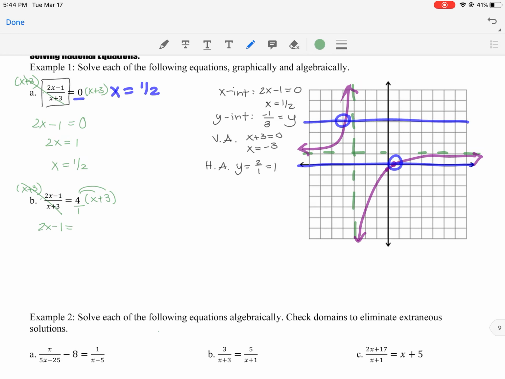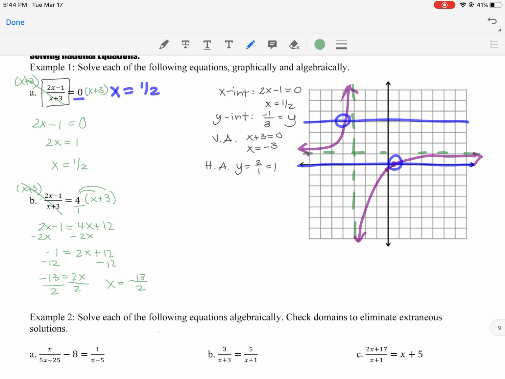So we'd have 2x minus 1 equals 4x plus 12. Continue to think about getting the x's to one side, so I'm going to subtract 2x. So I get negative 1 equals 2x plus 12. Subtract 12 from both sides, so I get negative 13 equals 2x. Divide both sides by 2, so x equals negative 13 halves.